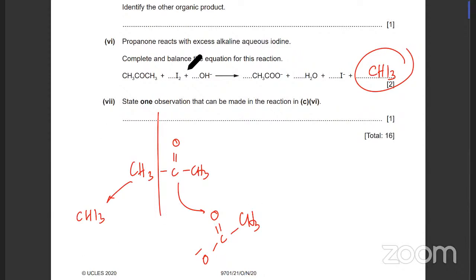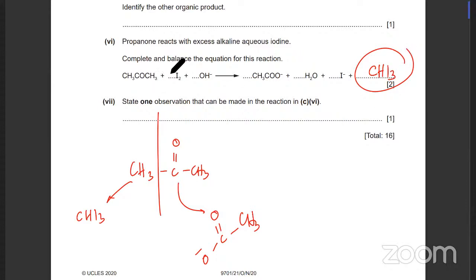Now balancing this equation over here, how would you balance this equation? That's the question. Okay, how many iodines do you need in this case? And how are you going to balance this equation? So what is happening to the carbon over here? It's getting oxidized, right?